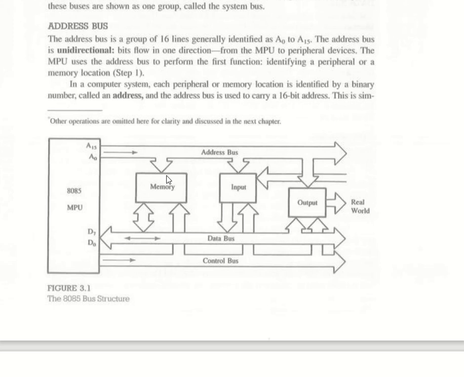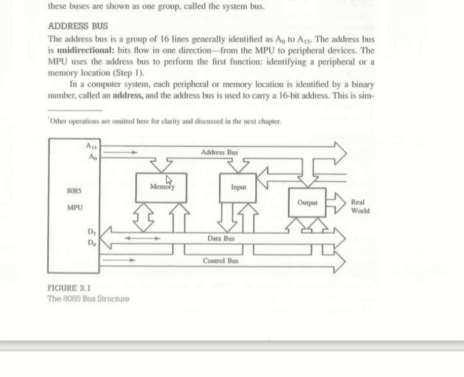Each memory location is identified with the use of address bus, by a binary number called address. And address bus is used to carry a 16-bit address.